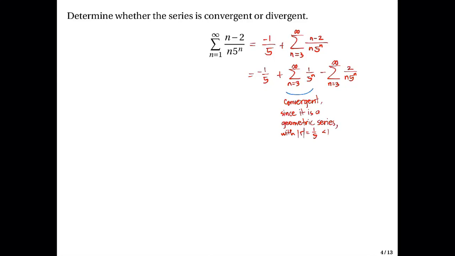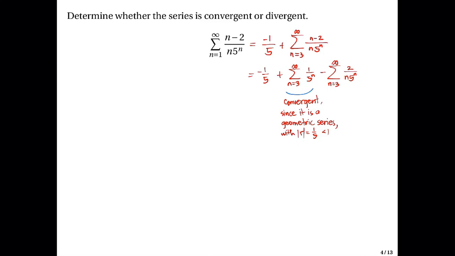And then for the other one, we look for a Bn. So either 1 over n, or 1 over 5 to the n, or 1 over n times 5 to the n. But 1 over n times 5 to the n is this one already, right? It is just multiplied by 2.